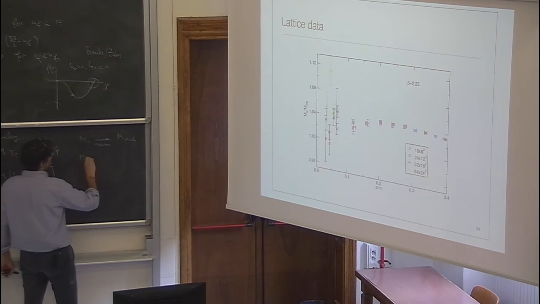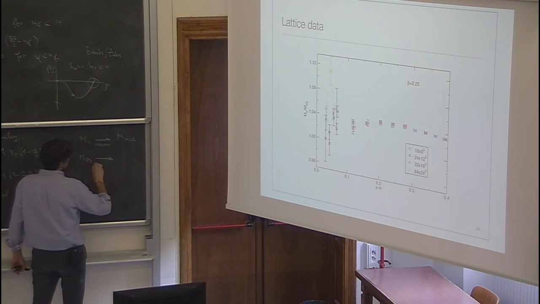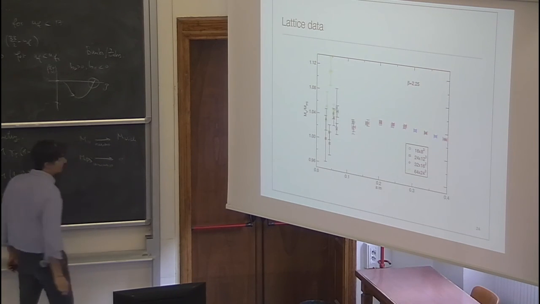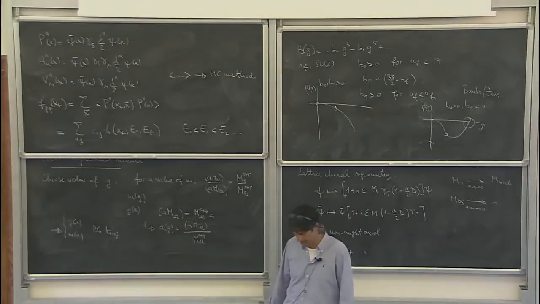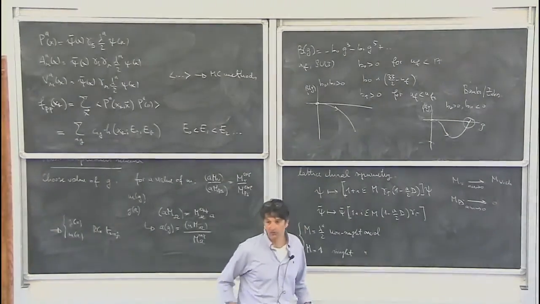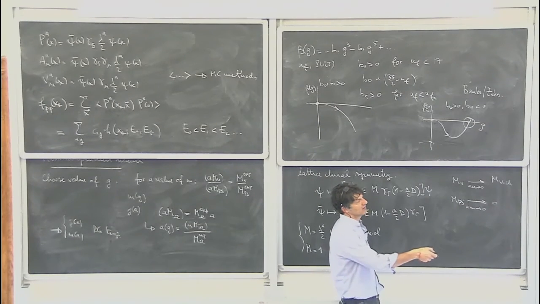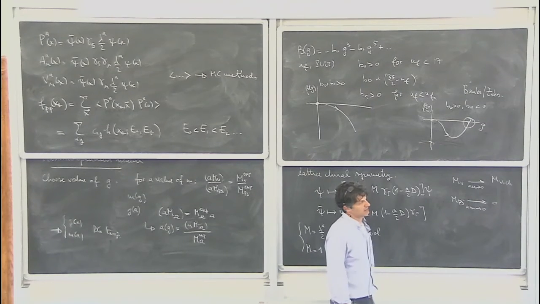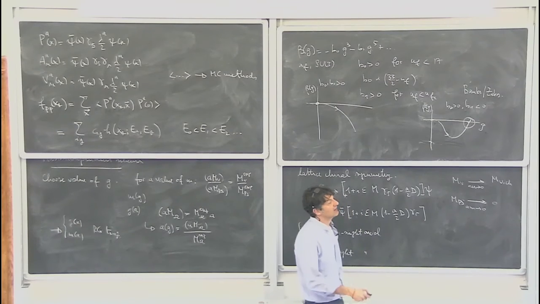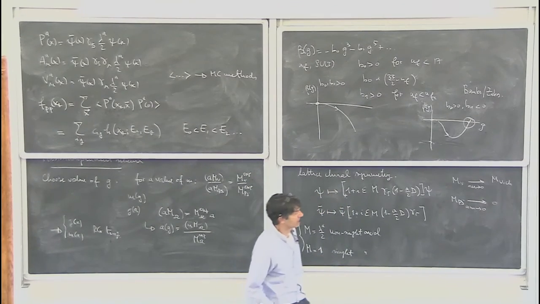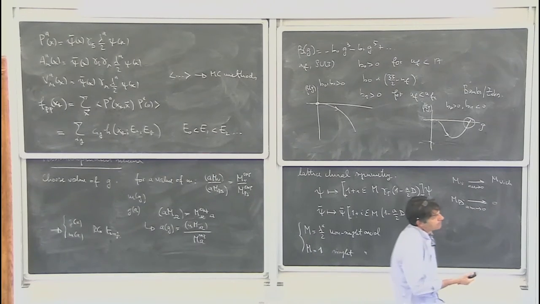And the mass of the pseudoscalar, as am goes to 0, is going to go to 0, right? As the square root of the fermion mass. And so if you look at this ratio for a QCD-like theory, this ratio actually blows up. Okay?